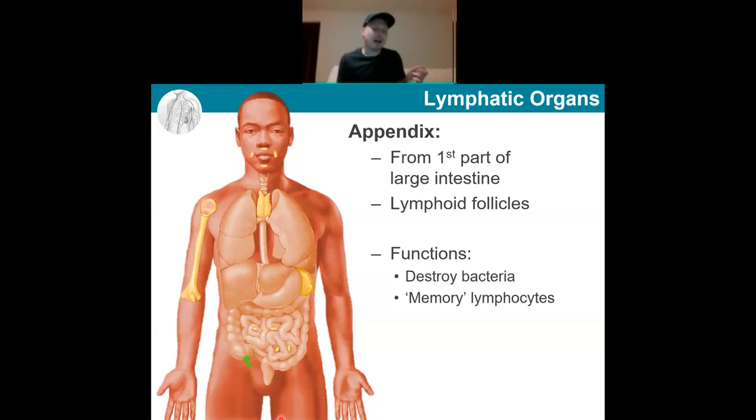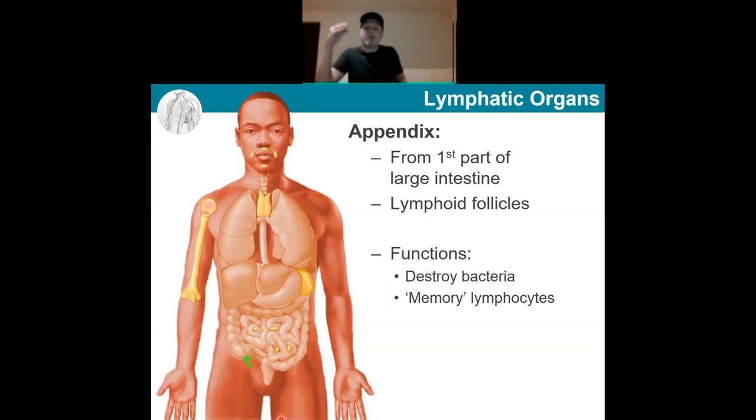The appendix is most likely an evolutionary remnant. It doesn't serve a purpose anymore. Back in the day, when we ate more plant-based food, that's where we stored the bacteria that were able to digest that plant-based food. But now that our diet is much more mixed and includes much more processed food, we no longer need those bacteria in our digestive system.